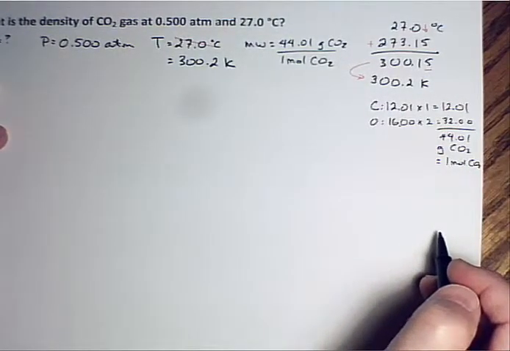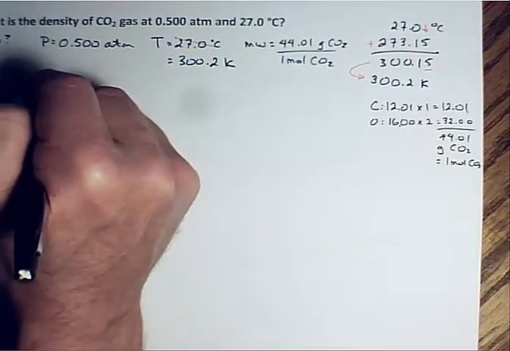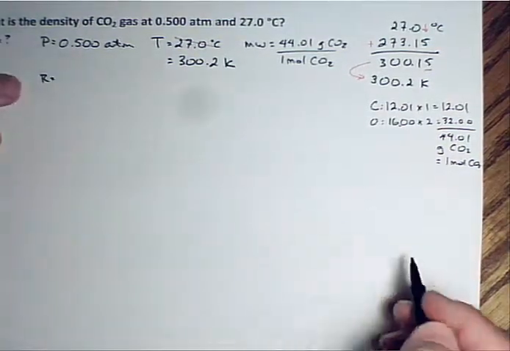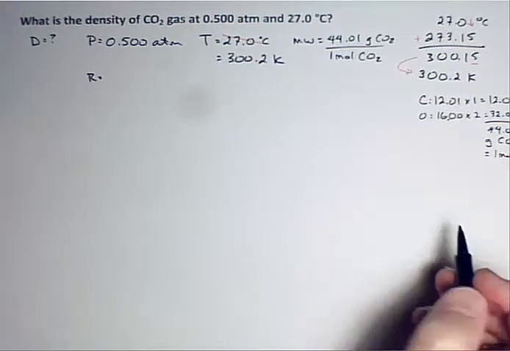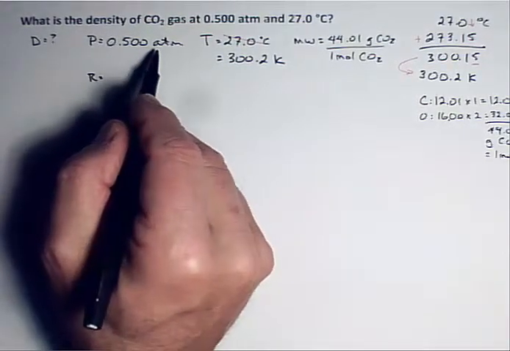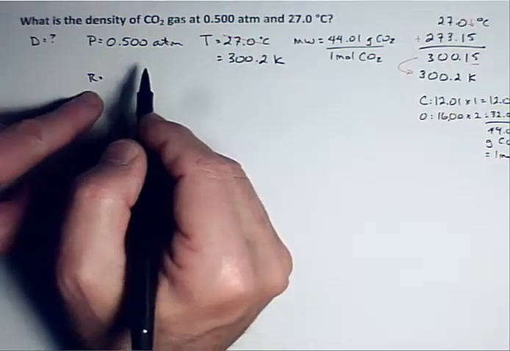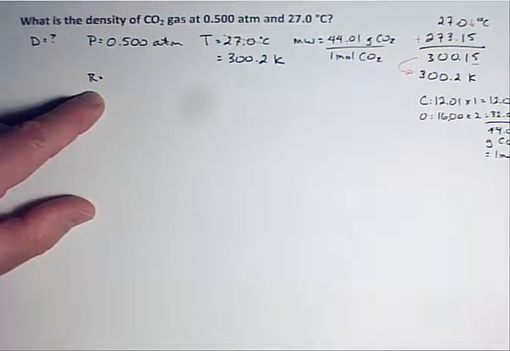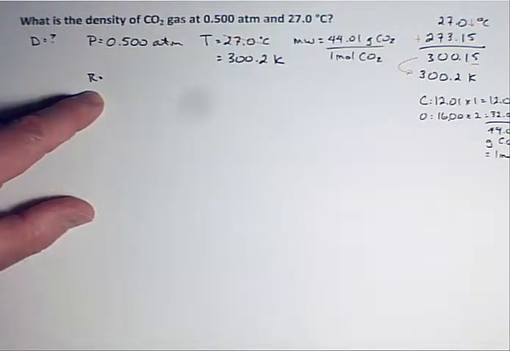So we have everything we need. The only thing I haven't written down here, but we have it, is the ideal or universal gas constant. We need the universal gas constant that includes atmospheres, and this is the one that's on both sets of references, the homework references that this class uses and the AP chemistry references you use.